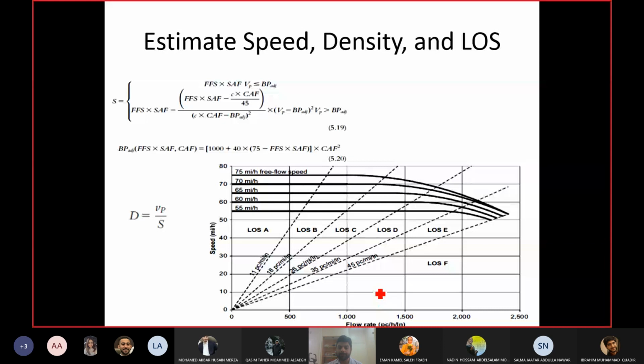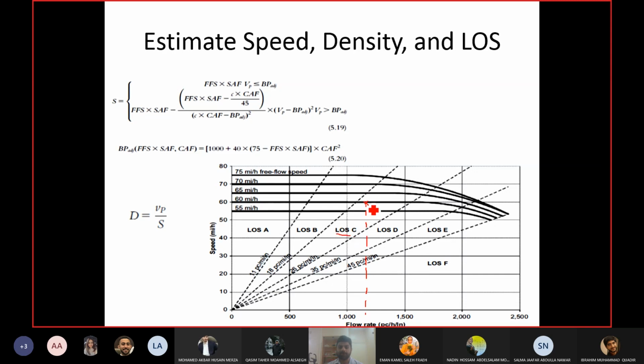You take a perpendicular line from your flow rate to the free flow speed curve you have. If your free flow speed is 60 and your flow rate is, let's say, 1200, you drop a line from 1200 to the curve of 60, and where the line intersects, you have the level of service.